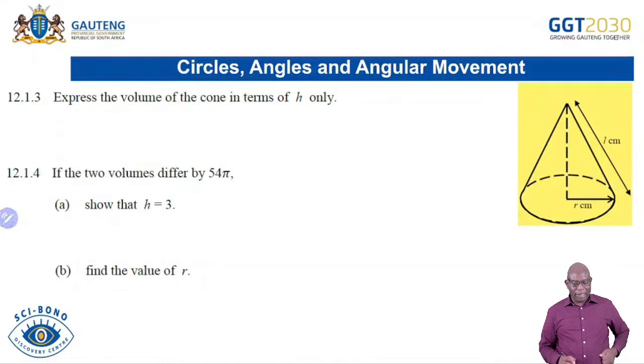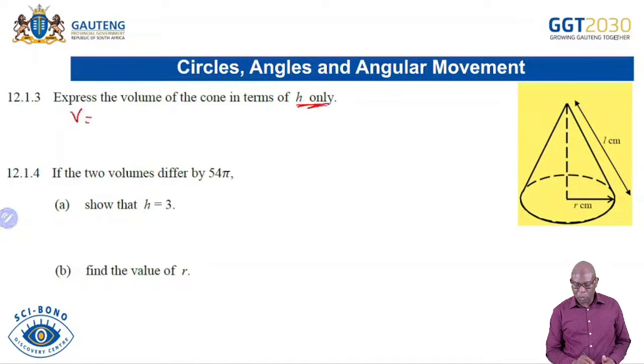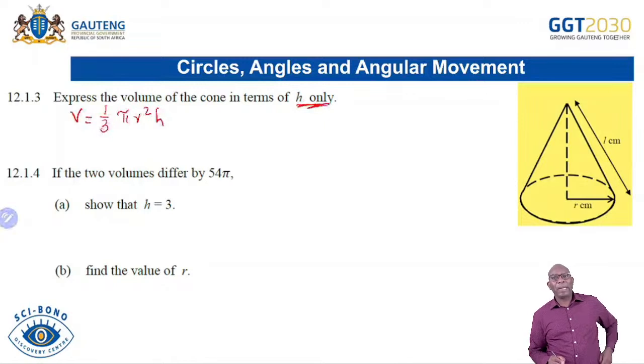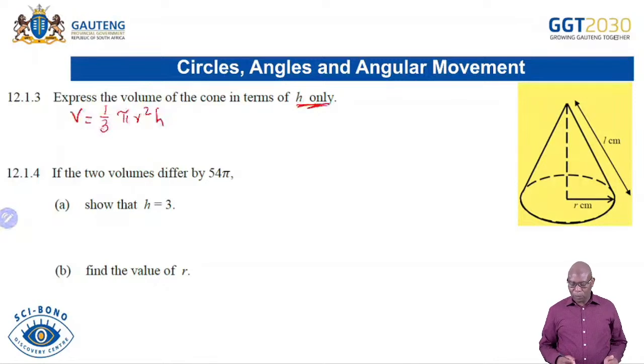The next question says, express the volume of the cone in terms of H only. So meaning that for my volume of the cone, I'll go to the formula sheet and check the volume of the cone. It's 1/3 pi R squared H. But they said it must be H only. They want us to represent it using H only. So how am I going to represent it by using H only? I know R squared is now 3H squared. So I'm going to say V equals 1/3.